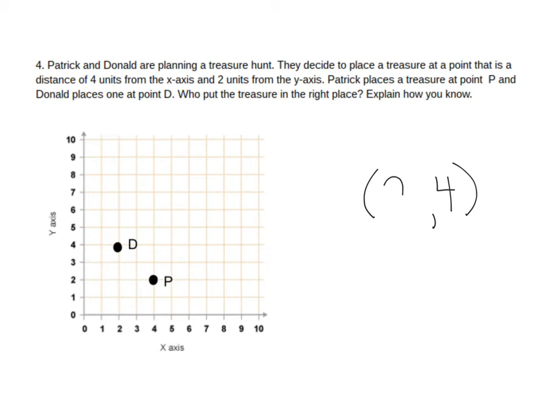So it's got to be 2 in the x and 4 in the y. So if we went over 2, up 4, who would be correct? It would be Donald. So Donald is correct because of the wording: 4 units from the x and 2 units from the y-axis.